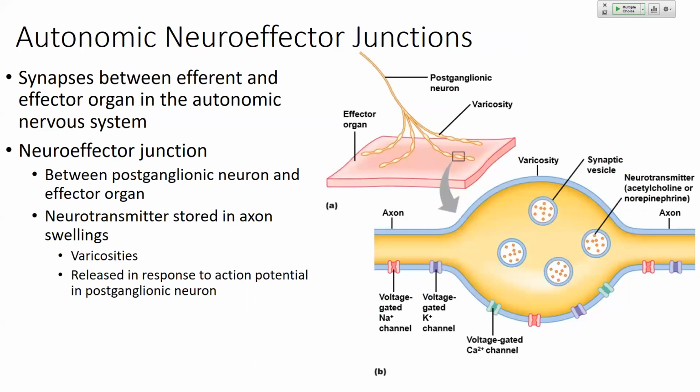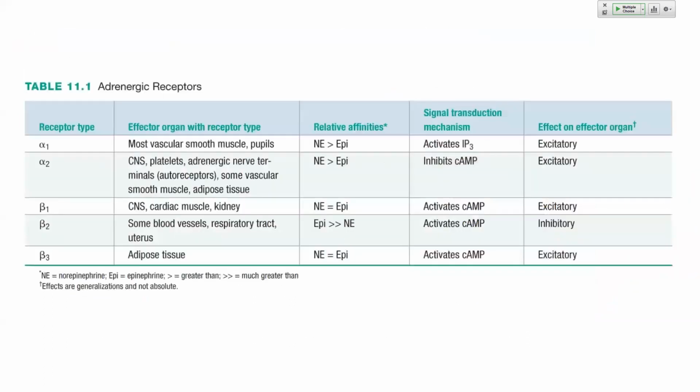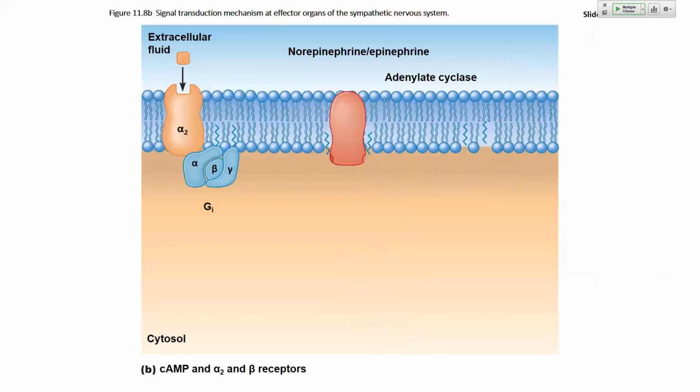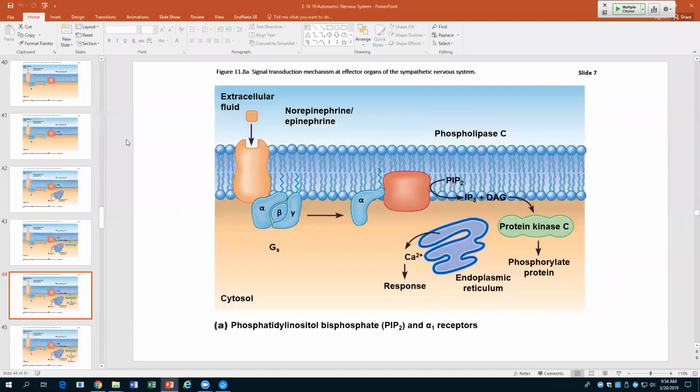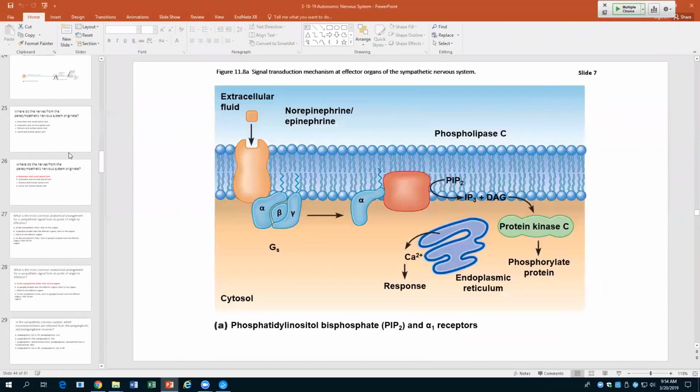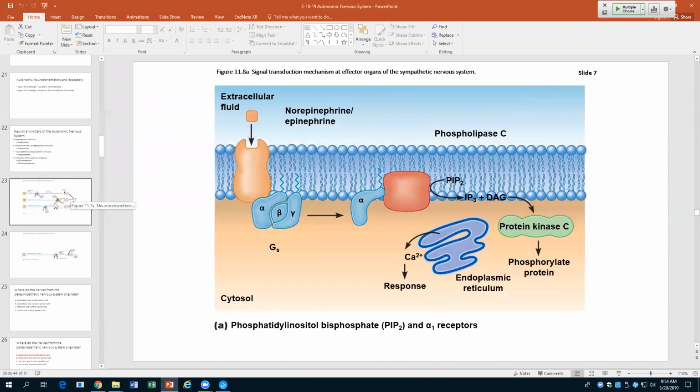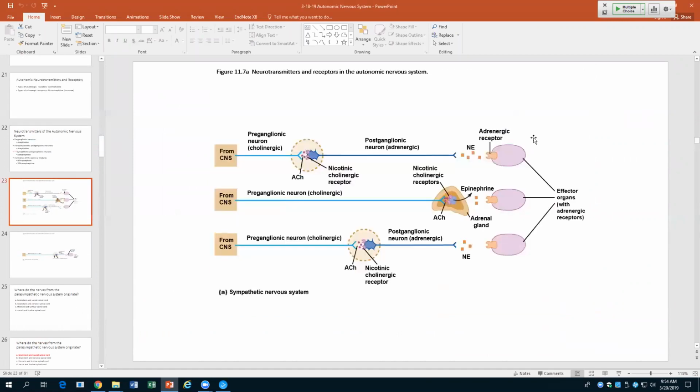So let's just recap. Let's go back a few slides so we can see a clearer picture of where this is. All right, so let's take this example. We spoke about our two neurons, preganglionic and postganglionic.